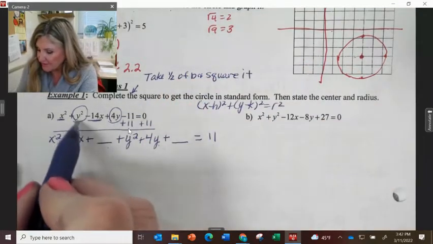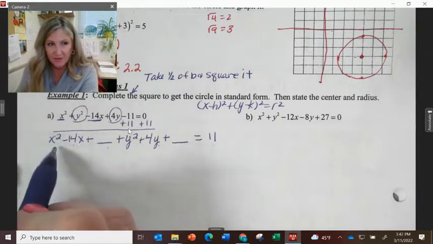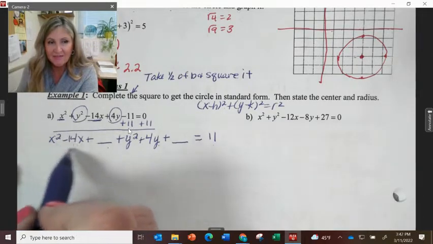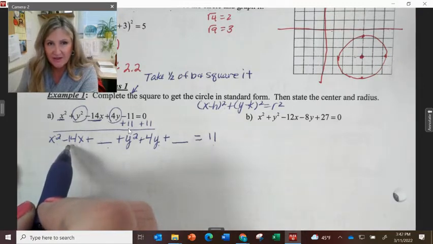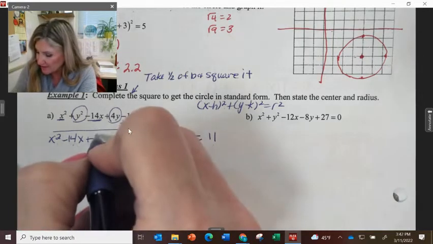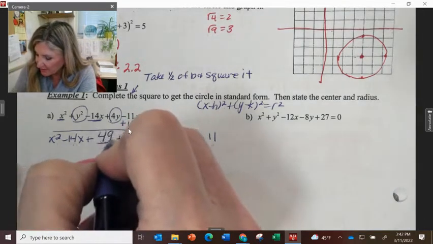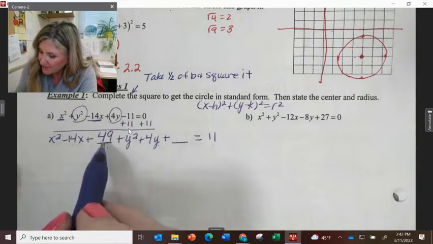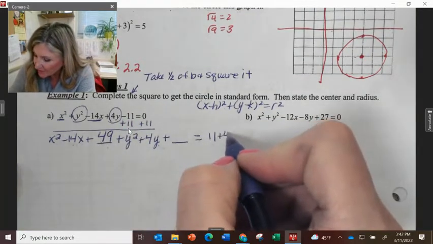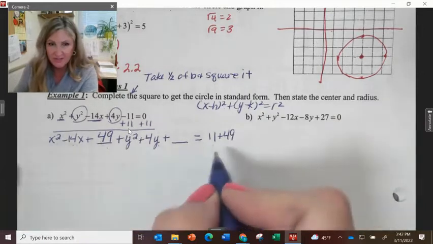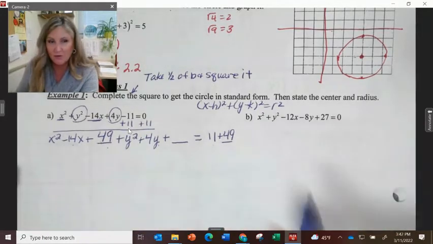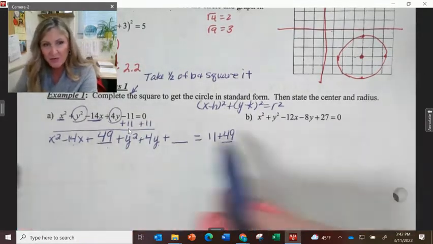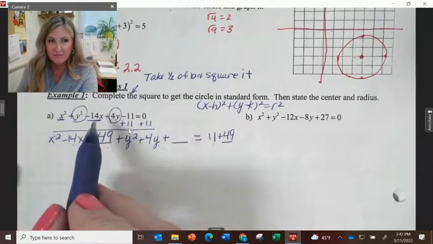Right here, this is the b value with the x squared minus 14x. This would be the a. If I take half of negative 14, that's negative 7, and negative 7 times negative 7 is 49. So I'm going to add 49 here, but if I add 49 here, I also must add 49 here to keep my equation the same. I've got to keep it equivalent. It's still equivalent to what I started with.